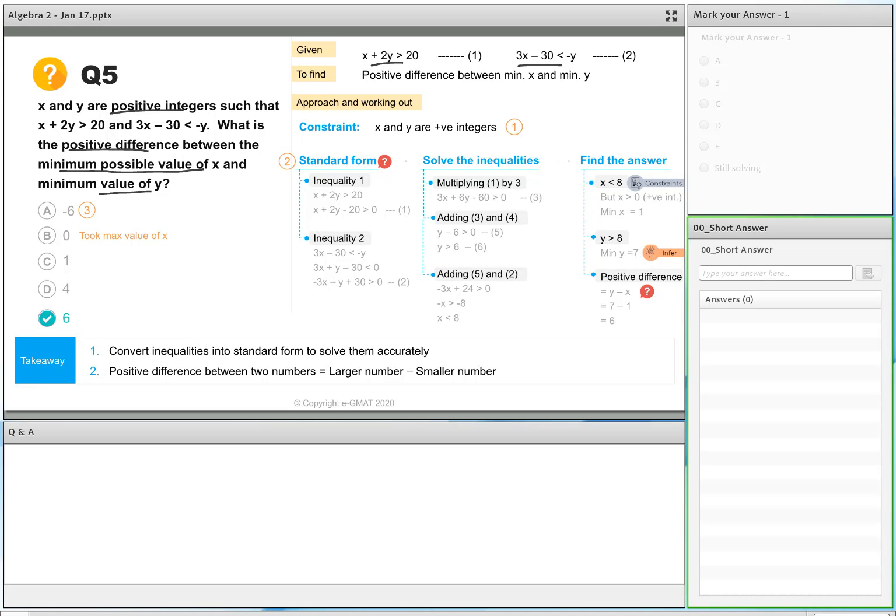So we take this 20 to the left hand side, we get x plus 2y minus 20 is greater than 0. Similarly, we do the same for the second inequality, where we get 3x minus 30 plus y less than 0, and then we multiply this entire inequality with minus 1 to get minus 3x minus y plus 30 to be greater than 0.